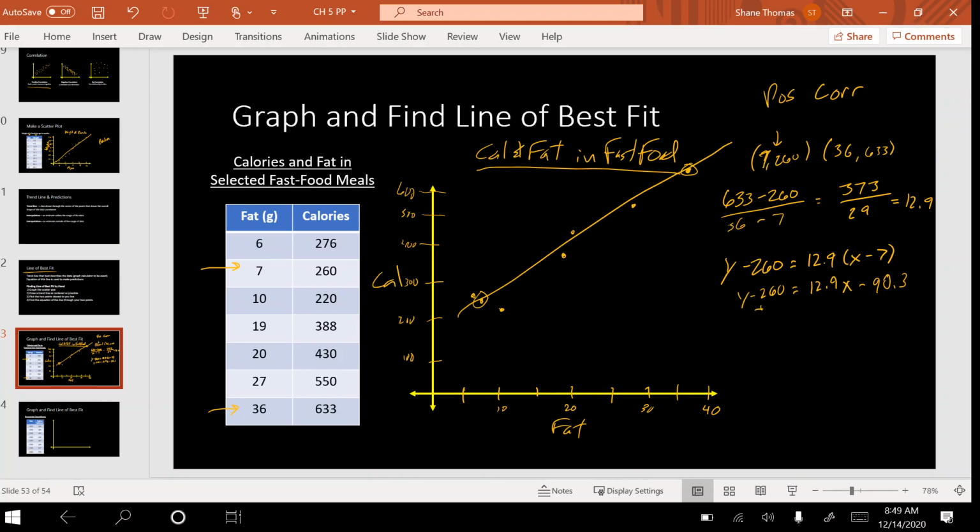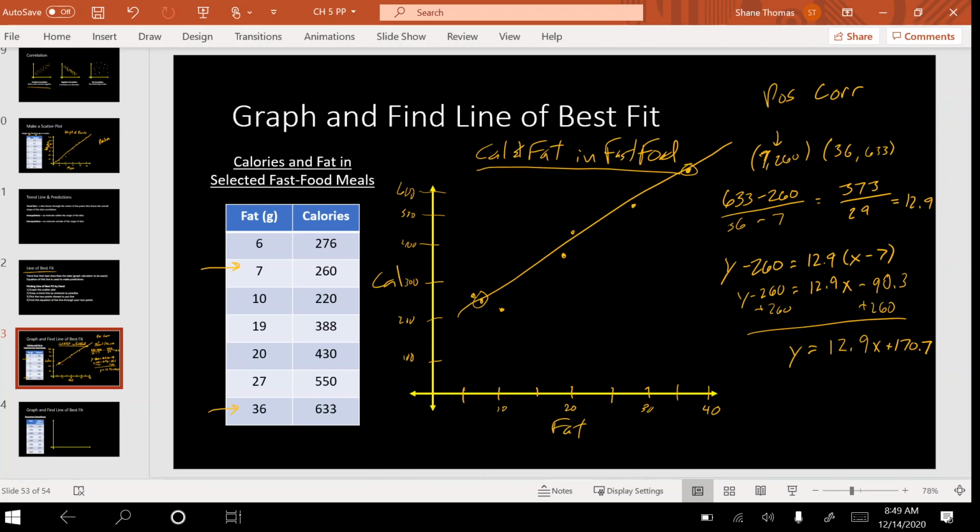Then I have to add 260. Is that negative 90? Yes. So 170.7.